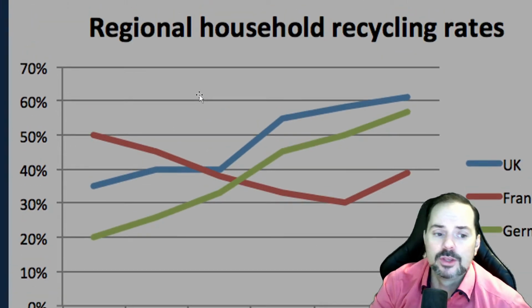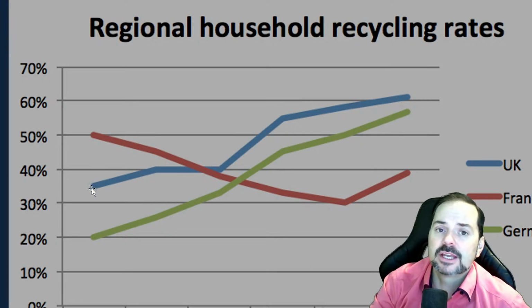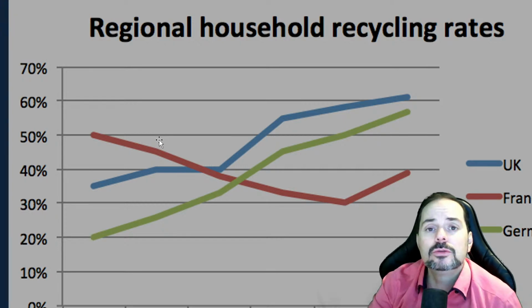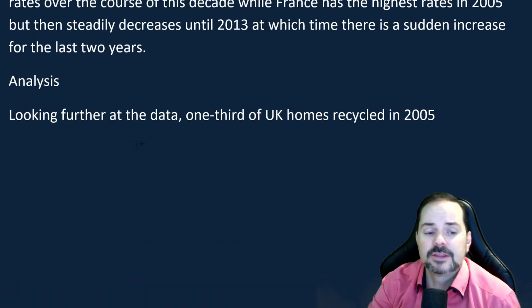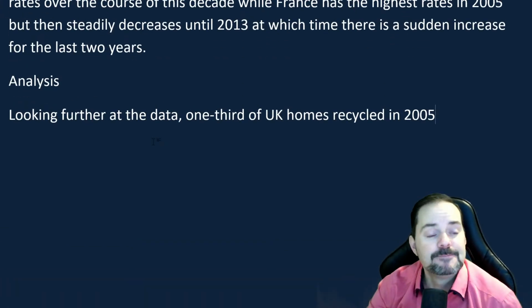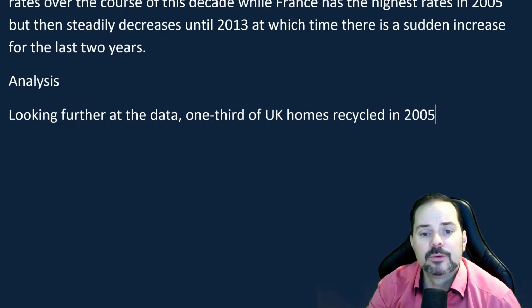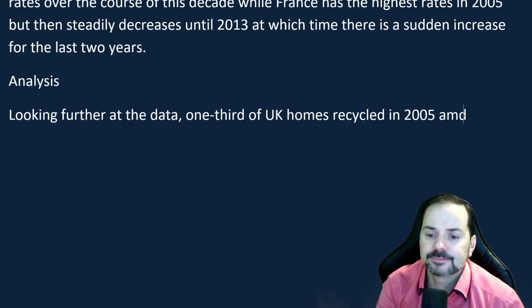When you see nice round percentages like 50%, 50% is a half, 33% is a third, 20% for Germany here is a fifth. Use those terms because they're great. Examiners love seeing that interpretation. So looking further at the data, 1/3 of UK homes recycled in 2005.